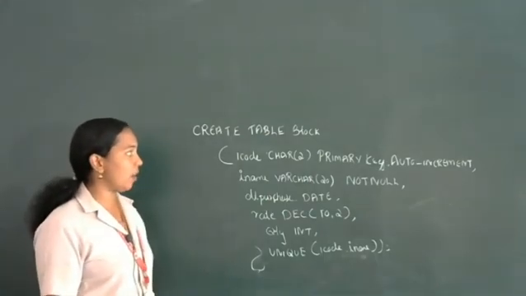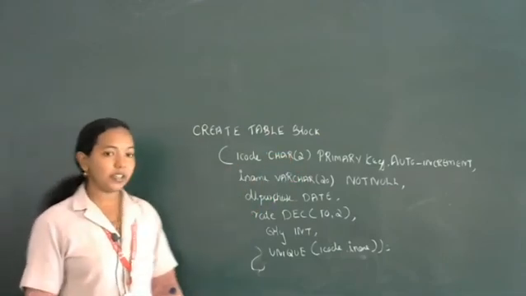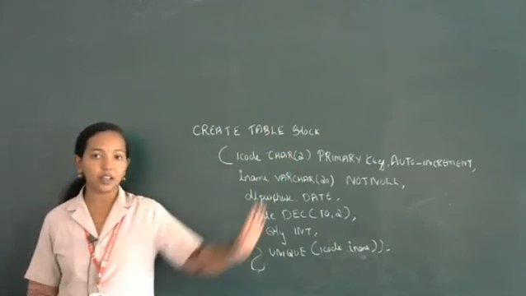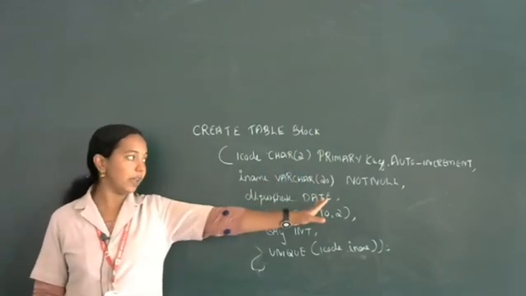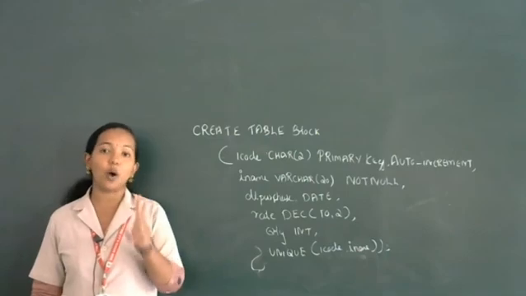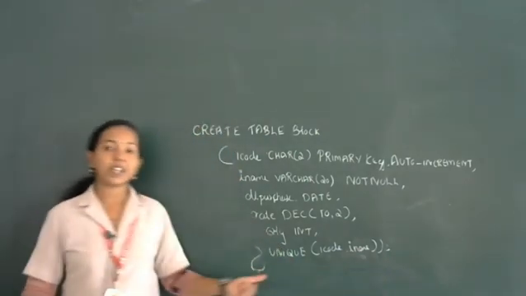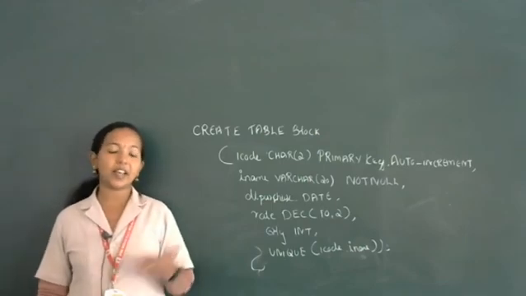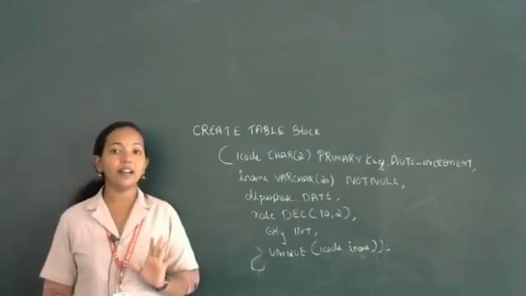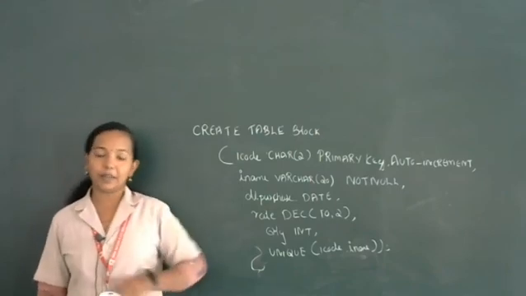Create a table stock, I code char, primary key. So how many constraints we are using here? Not null, auto increment, then not null. Here unique for 2 columns. That means this belongs to the table constraints category. We are applying restriction to the entire table, not to a particular column. 2 columns we are applying.